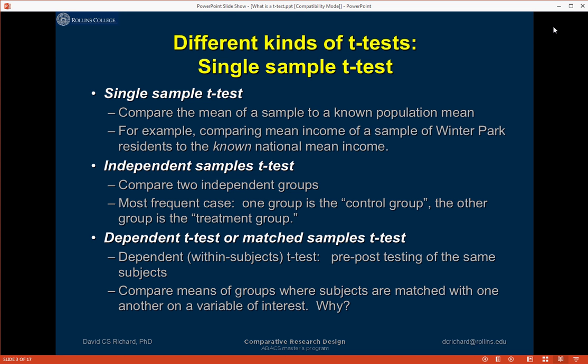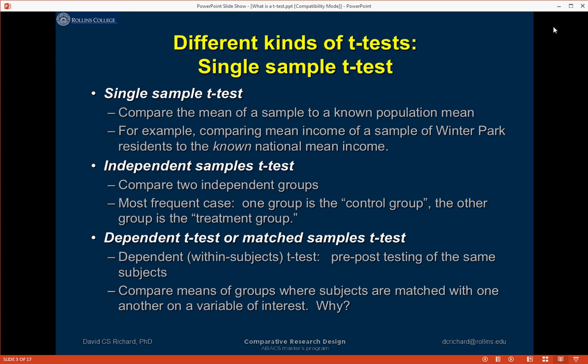The big difference is that you're dealing with groups of people here, but it's within subjects because the same person is tested once without the treatment and then once with the treatment, and the treated scores are compared to the scores from when they weren't treated. It gets a little more complicated than that, but I'll explain it more in just a bit. The basic point is it's pre-post testing of the same subjects, so we're calculating a difference score between the pre and the post-test score within subjects.